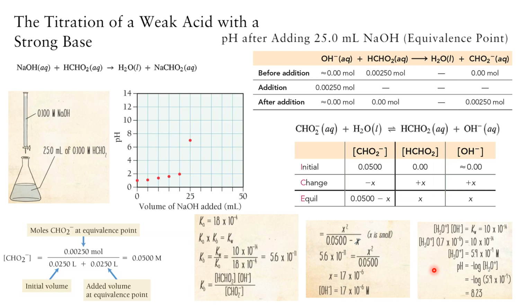But now when you have a weak acid and a strong base, the pH at the equivalence point varies. And it all depends on the weak acid that you're dealing with. Every weak acid is going to have a specific Ka, and you're going to solve for x and do the ICE table, and you're going to get a different pH every time. And in this case, the equivalence point is 8.23.